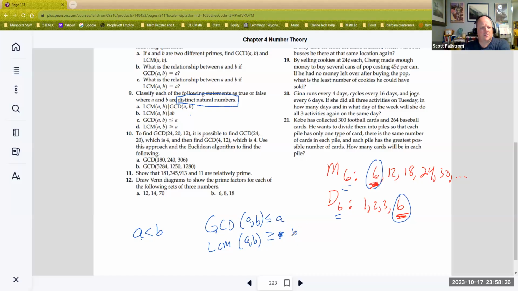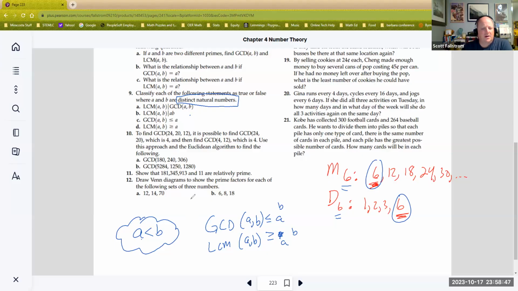But it is true that it has to be greater than or equal to A. And the GCD has to be less than or equal to A, and less than or equal to B. I just put in one extra condition that I think would be kind of helpful there. So there you go. That would be the big piece as to why it does or does not work.